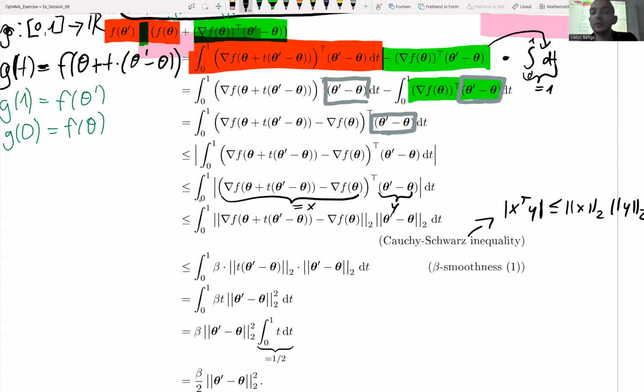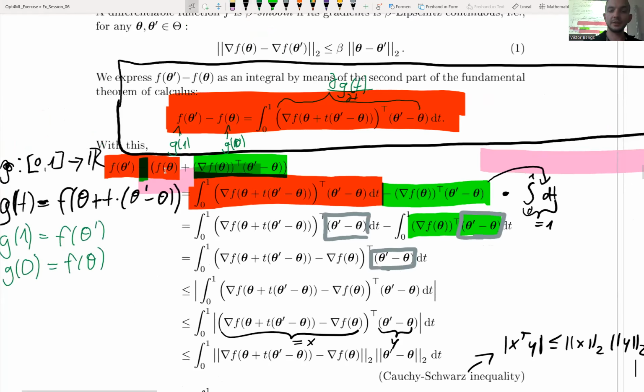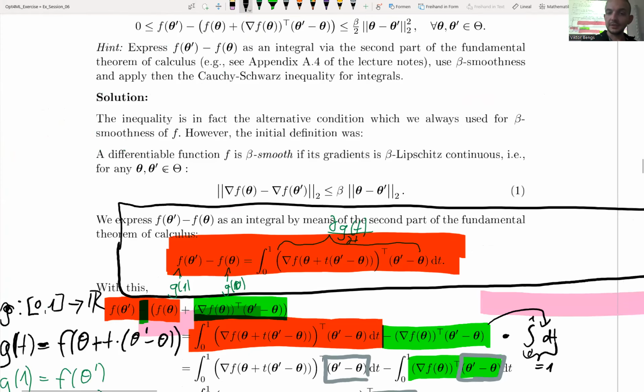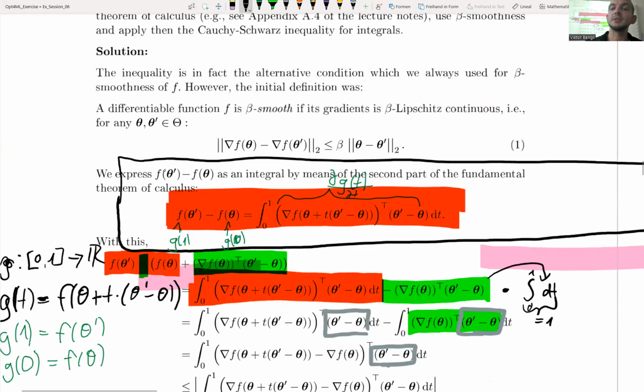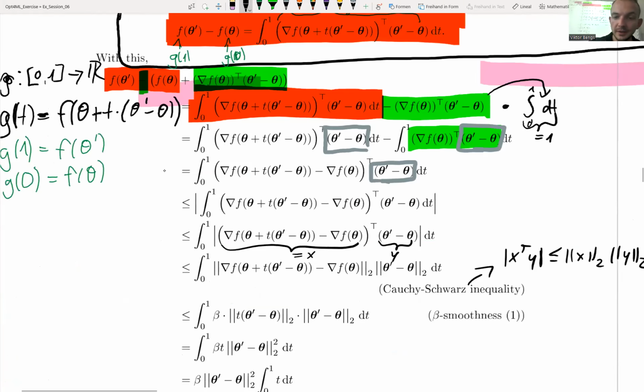And now we finally use our beta smoothness assumption, or beta smoothness definition, which is originally stated as the gradients are Lipschitz continuous, so the difference between the two is always bounded by the Lipschitz constant and the difference of the input.